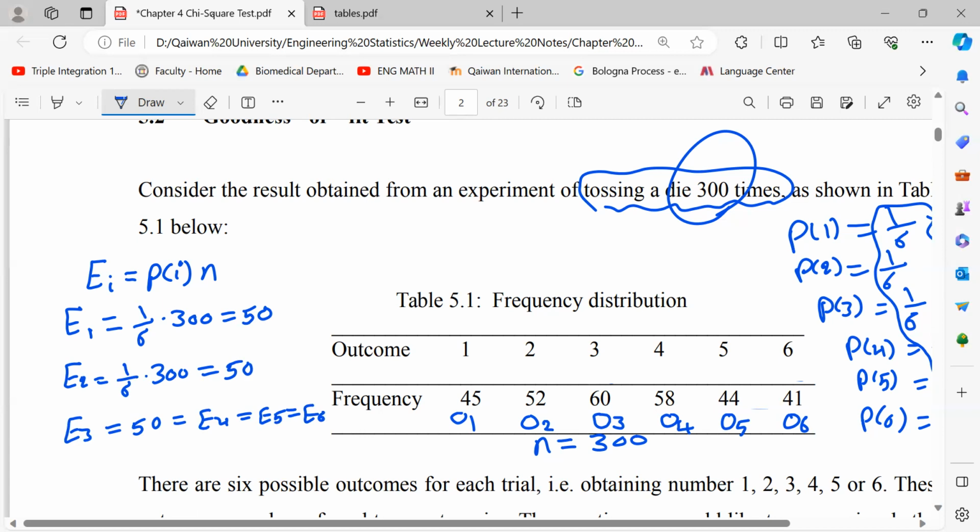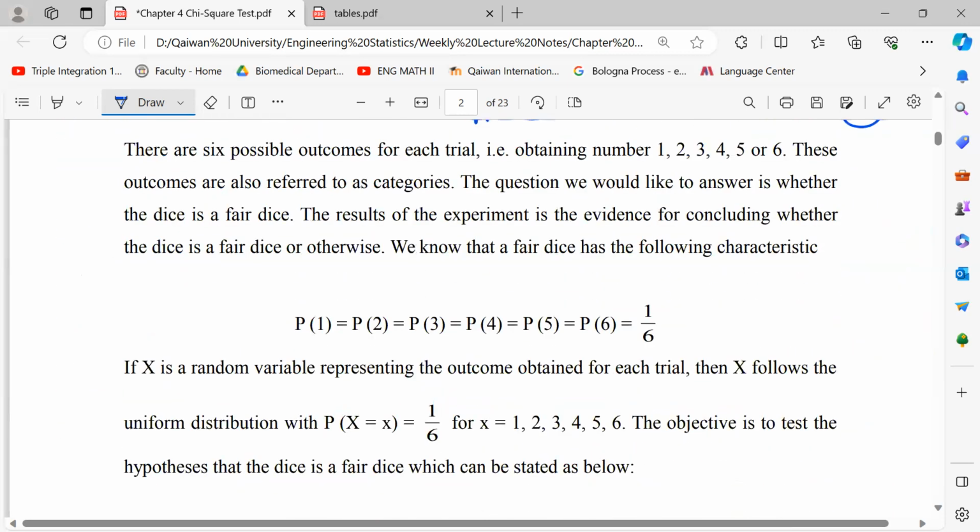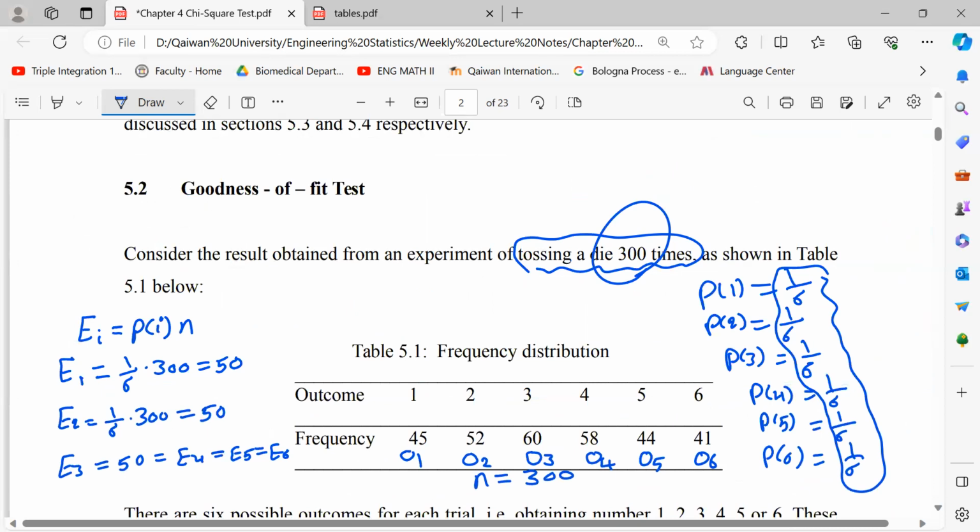Since the dice is fair, we have the same probability for all outcomes, so the expected frequency is the same for all, 50. That's how to find the expected frequency: the number of trials times the probabilities.